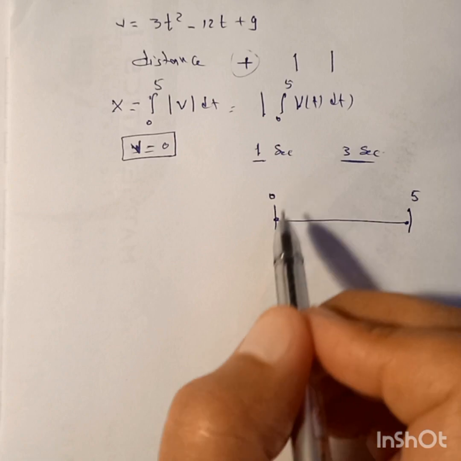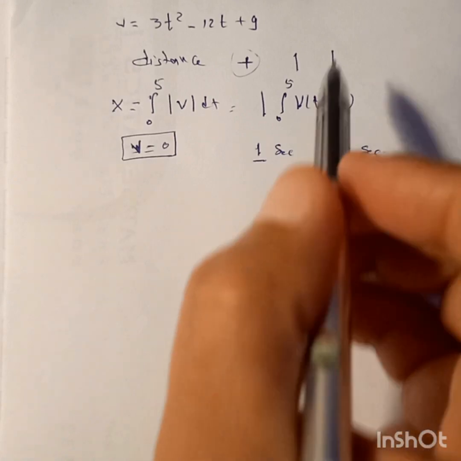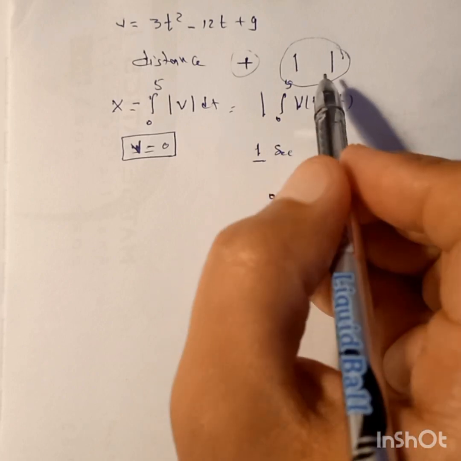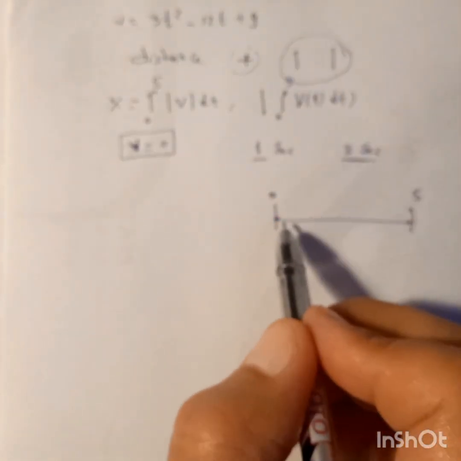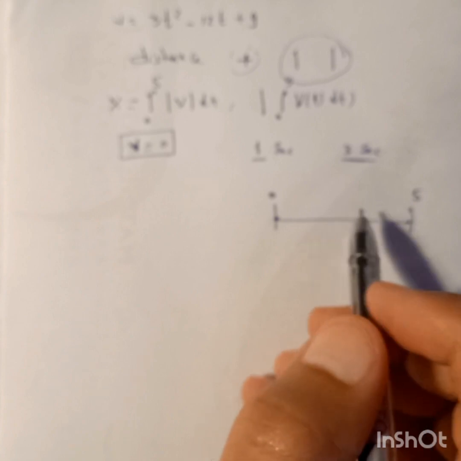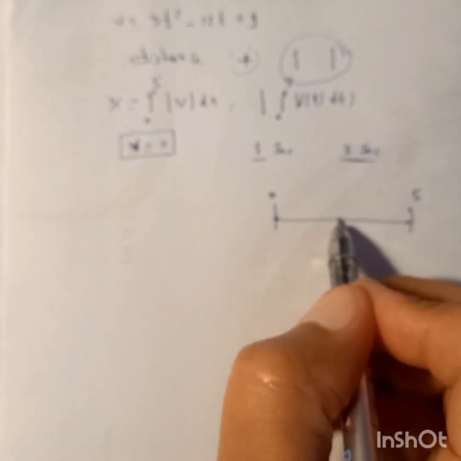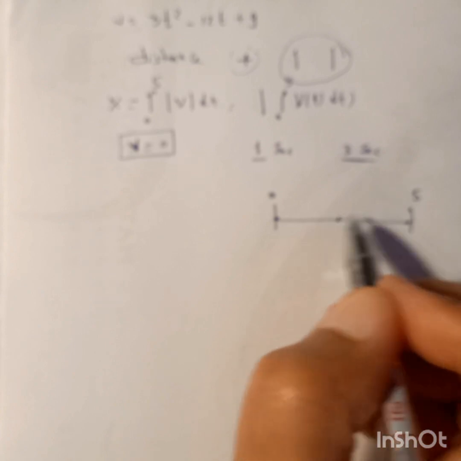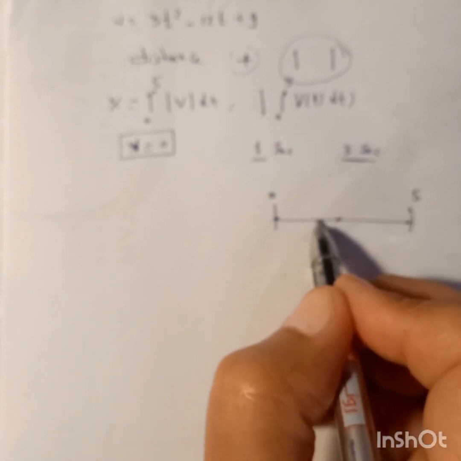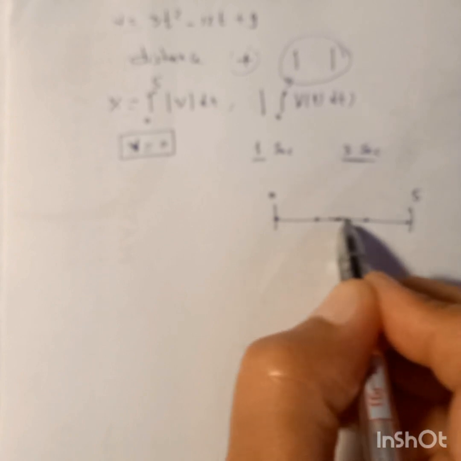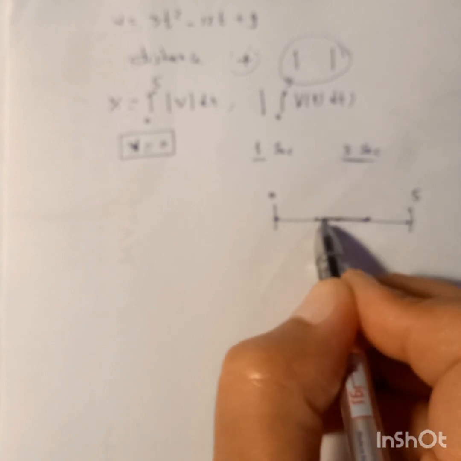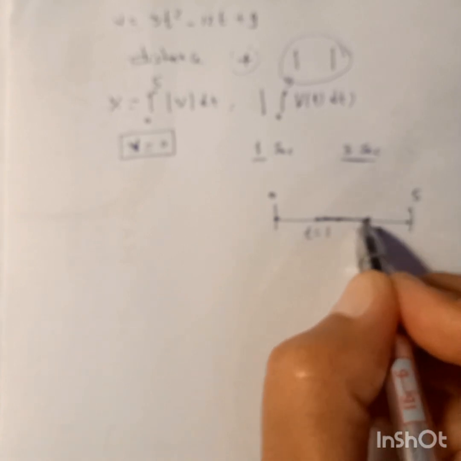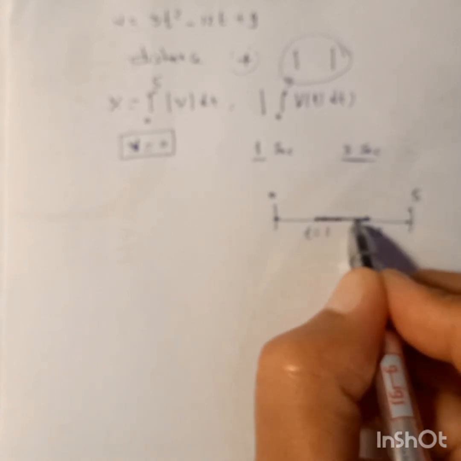Then we have two conditions here. We will use the modulus to find the positive distance or displacement only. Secondly, we need to find when v equals 0 or vanishes, or the direction of motion of this body changes. Here we have two instants, t1 equals 1 second and t2 equals 3 seconds, where the velocity sign changes.